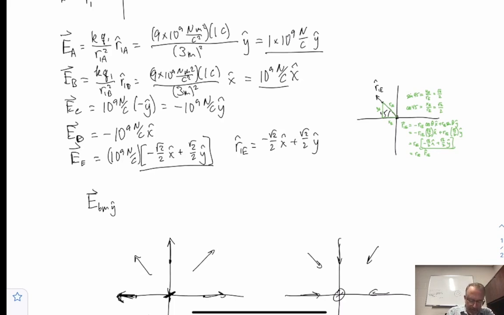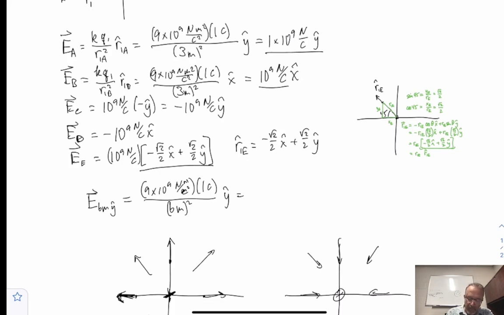So what I would have is 9 times 10 to the 9 newton meter squared per coulomb squared, times 1 coulomb divided by now 6 meters squared in the y-hat direction. And so this would be, instead of 9 divided by 9 to give 10 to the 9, it's 9 divided by 36.